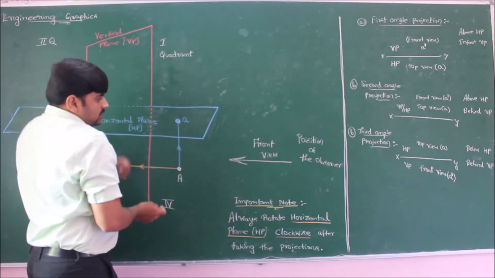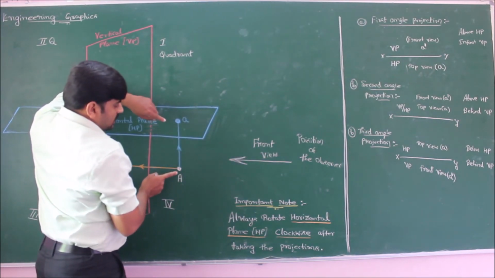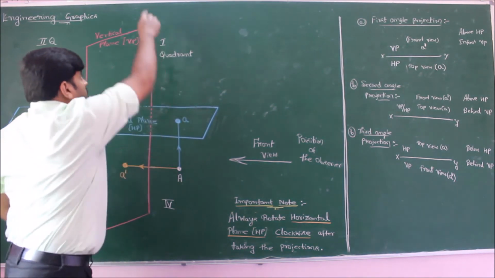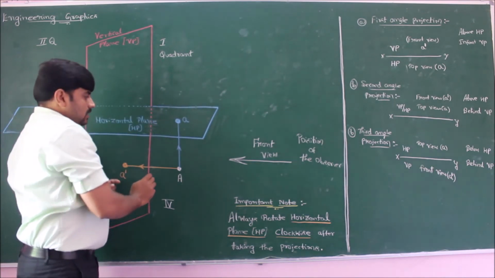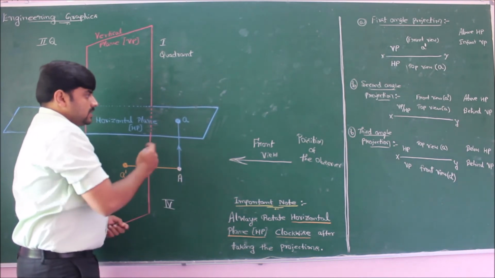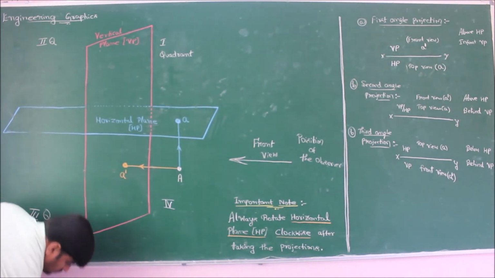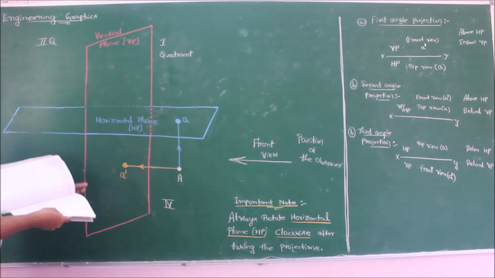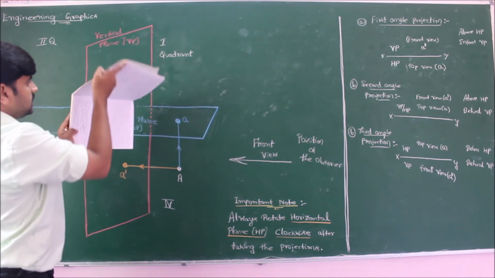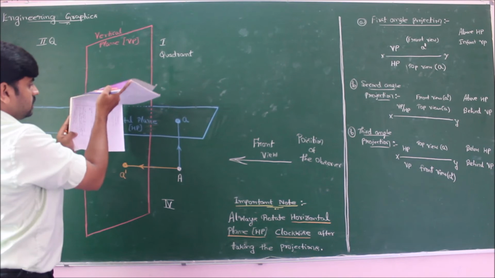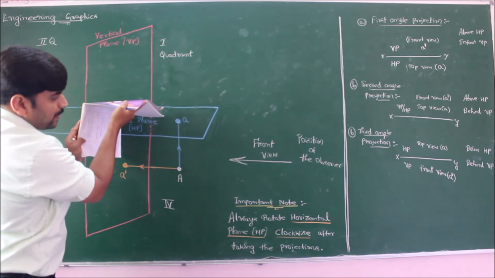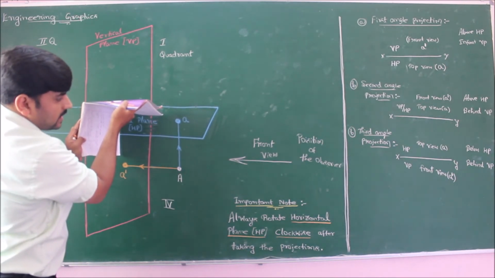Now in the front view, the observer can visualize the distance of point A below the horizontal plane, and in the top view the observer can visualize the distance of point A in front of the vertical plane. Now the situation is like this. This is the horizontal plane and this is the vertical plane. Now the observer will take the projection. As I said, always rotate the horizontal plane clockwise.